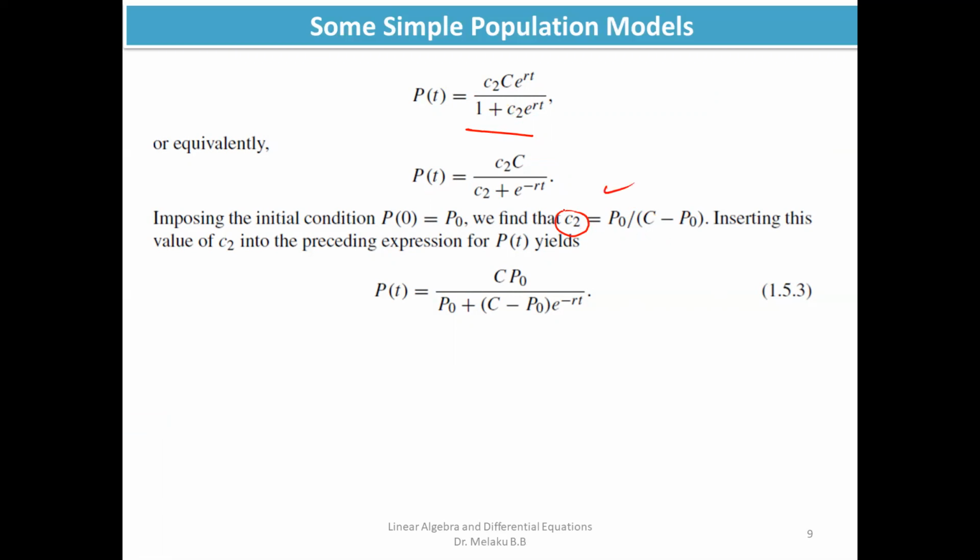And upon inserting c2, we obtain directly the solution for the logistic model: P(t) equals C times P0 over P0 plus (C minus P0) e to the power of minus rt.